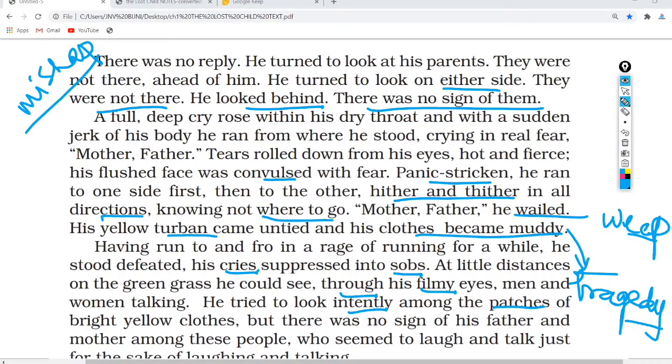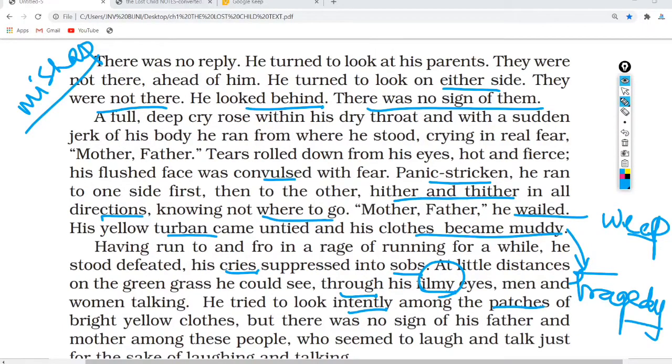Here you will see a contrasting, opposing picture. On one side you can see the child was very unhappy. On another side you will see there are happy people. They were talking, they were laughing, they were eating, and they were simply laughing for the sake of laughing. So from here also we could see that through the filmy eyes, his eyes were filmy because he was crying.